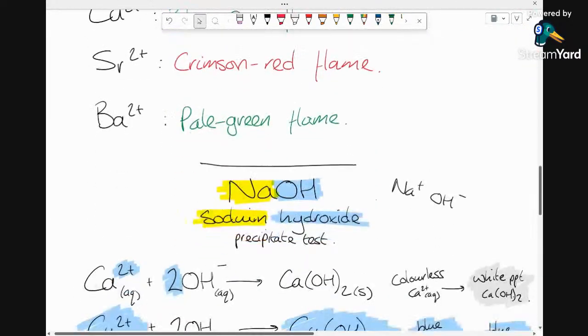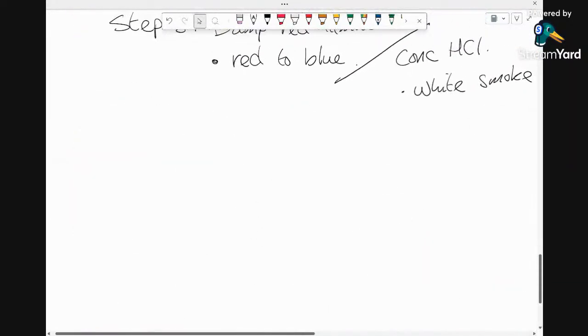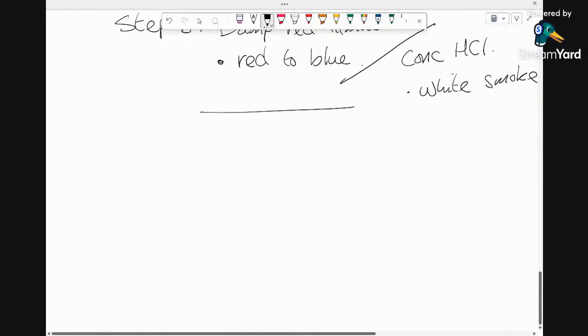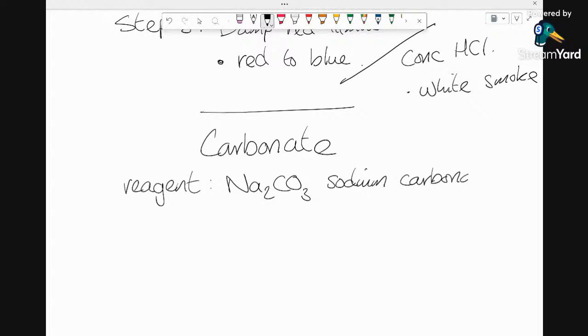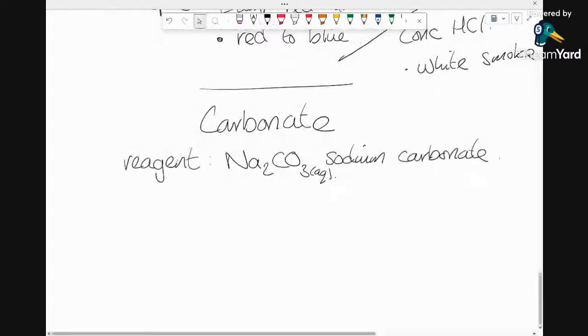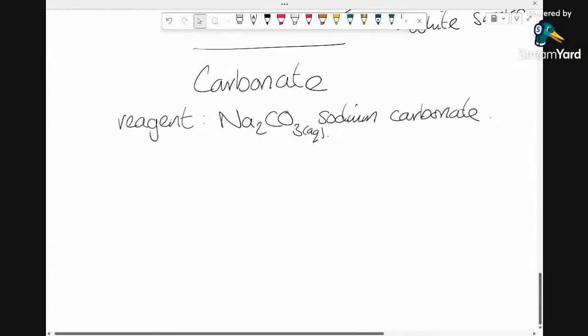The reagent is Na2CO3, otherwise known as sodium carbonate. We're going to add this aqueous, meaning in solution, dissolved in water. Okay, this is the test.